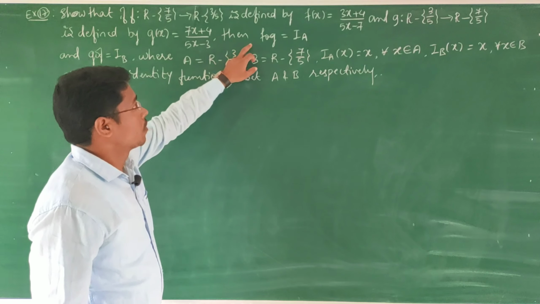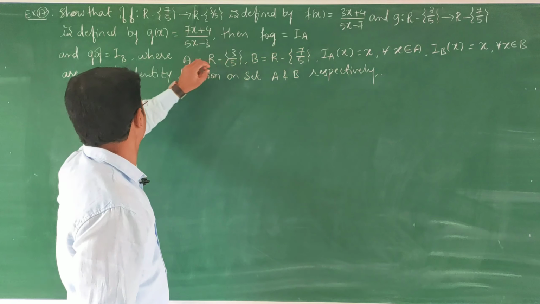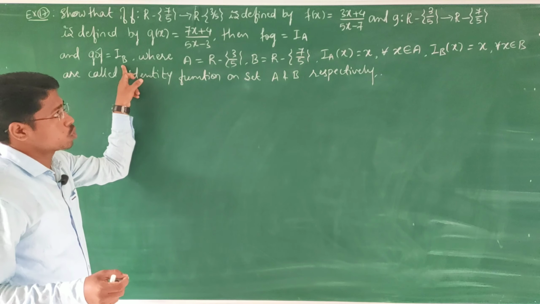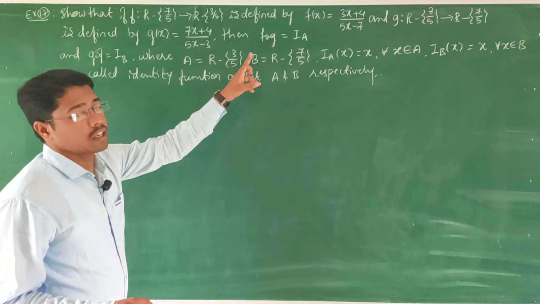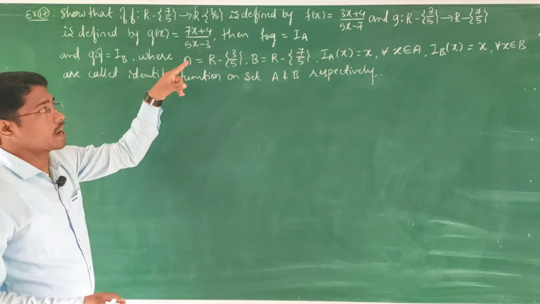Then fog equals the identity function IA and gof equals IB. We have to show fog equals IA and gof equals IB. What is IA and IB?